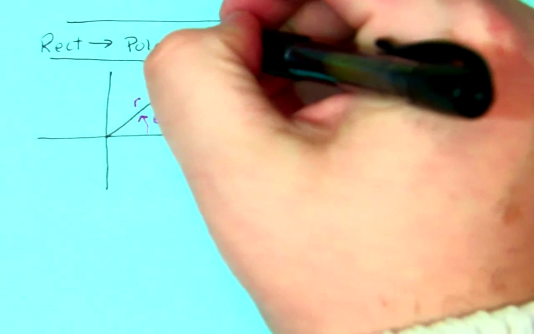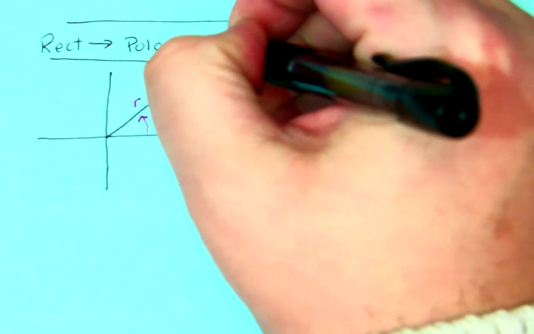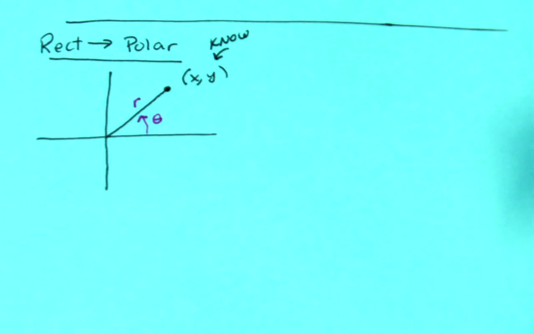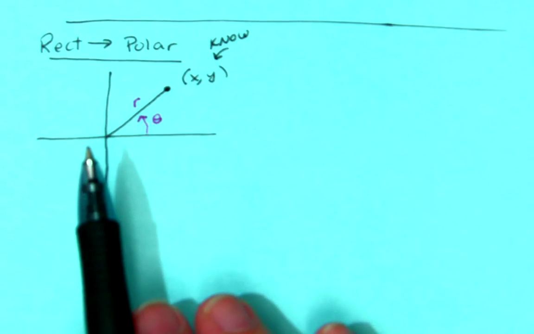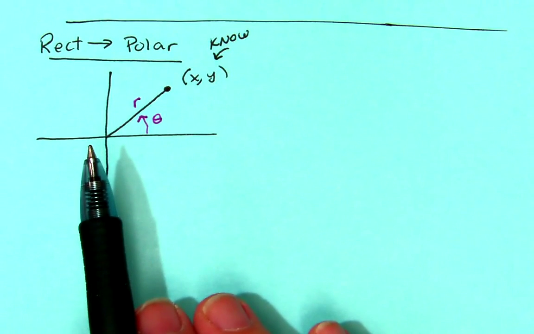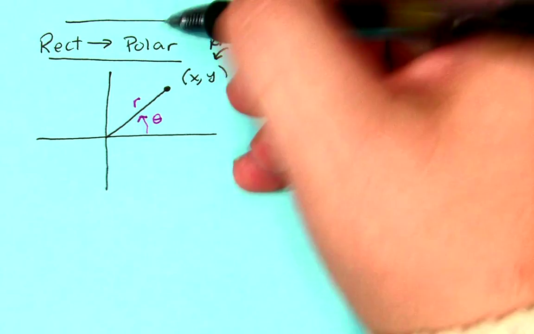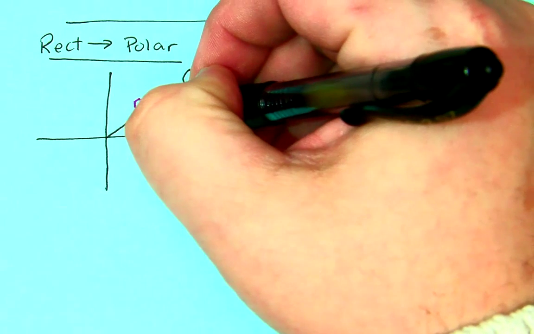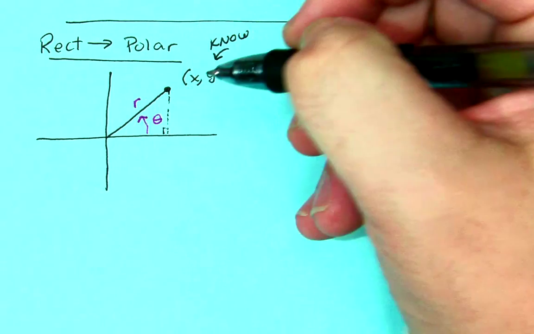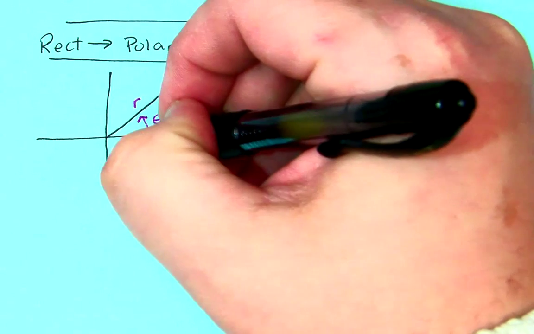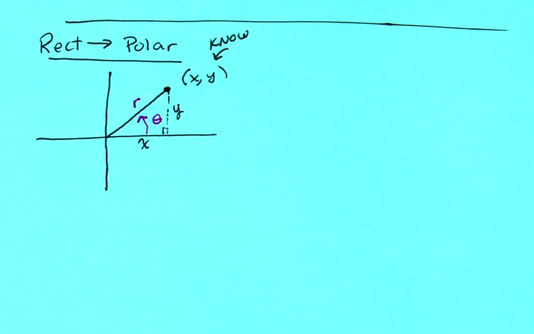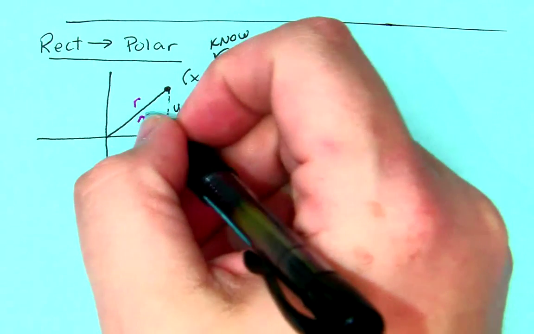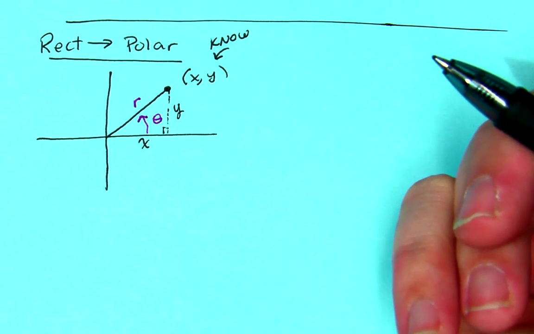But what I know is x, y. Now, the nice thing about this, let's try to make this a little bit clearer. There we go. If I created that little right triangle there, that's my y, that's my x, that's all I need to know, because I have a Pythagorean theorem opportunity here.